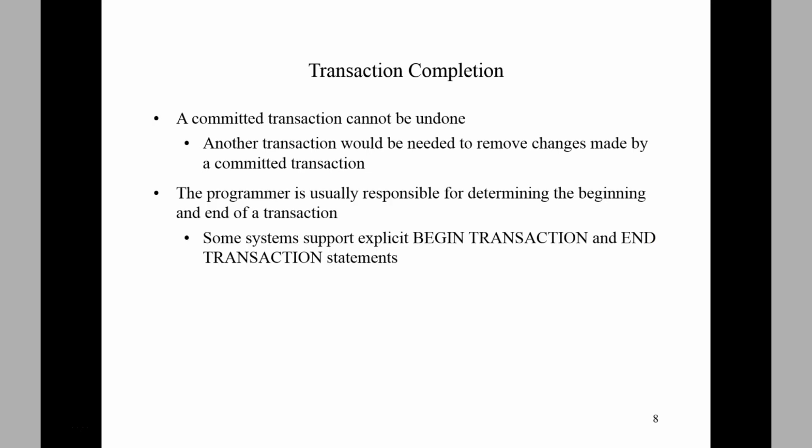And we'll demonstrate that a little bit later using a language called PL/SQL to create such a block. Oracle database in general does not use begin transaction.